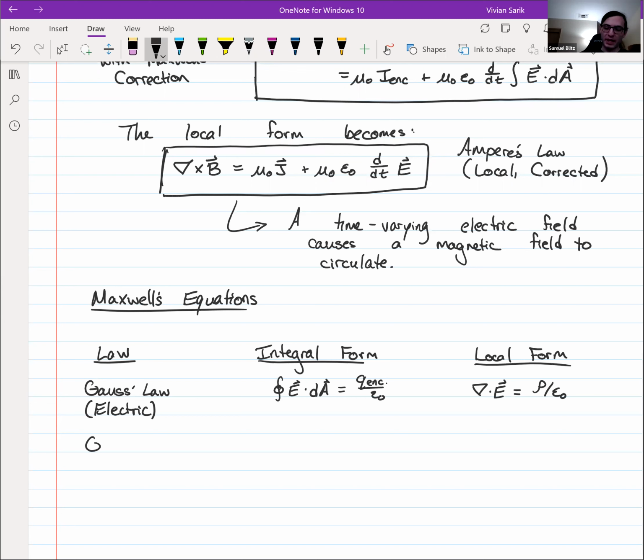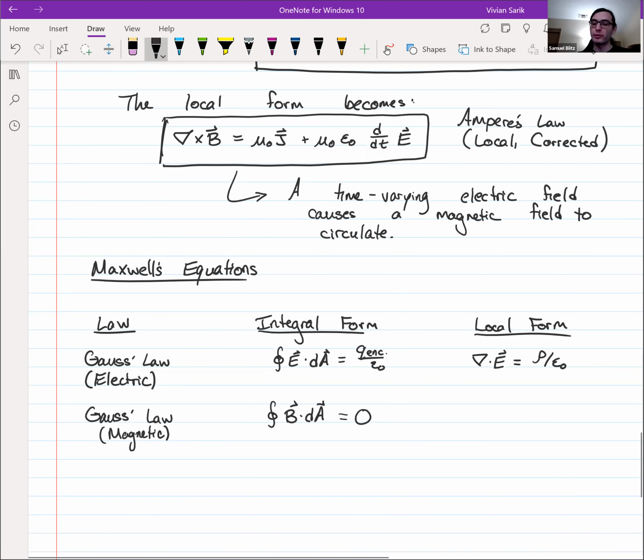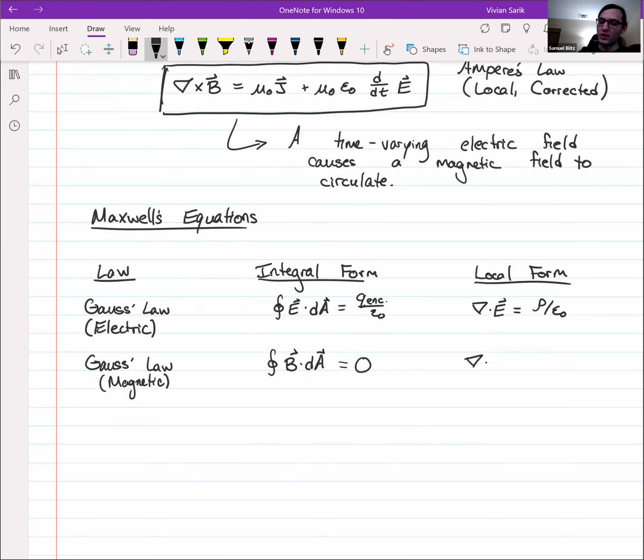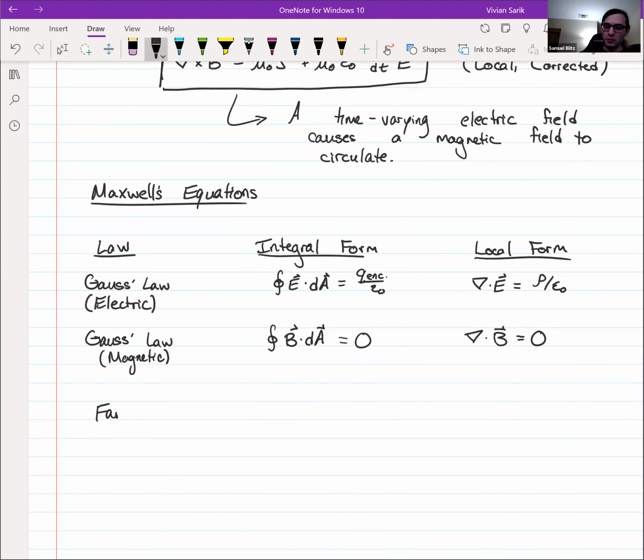Then there's Gauss's magnetic law, which is a similar statement. It's the magnetic flux through a surface. And Gauss's law for magnetism, just zero, says that there's no magnetic monopoles. And so the local form is just that the divergence of the magnetic field is zero. Then there's Faraday's law. Faraday's law in integral form tells us about the circulation of the electric field.